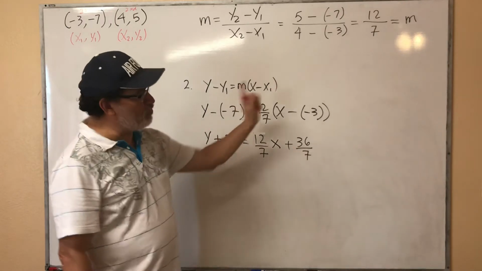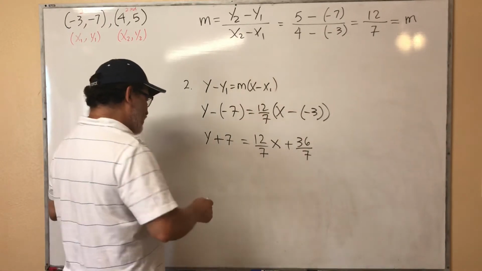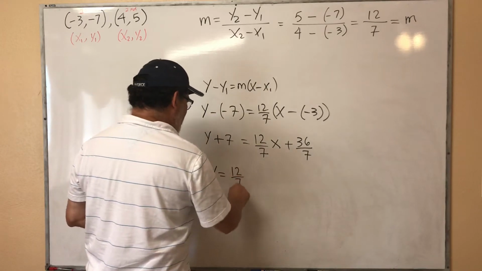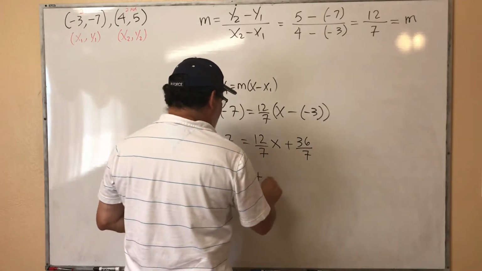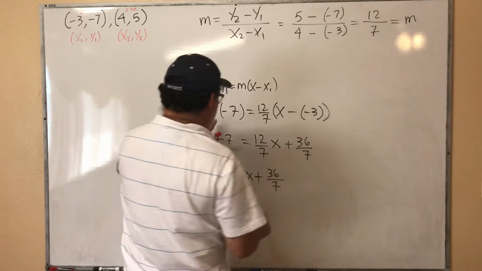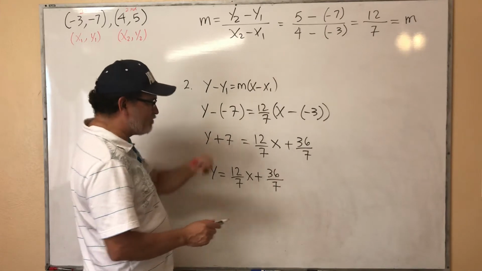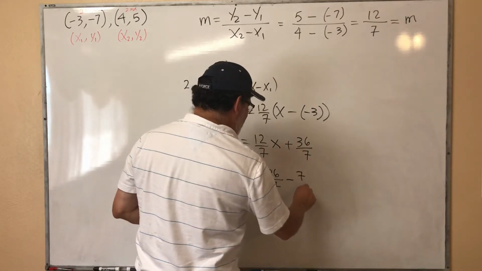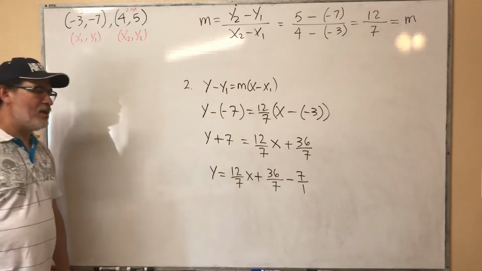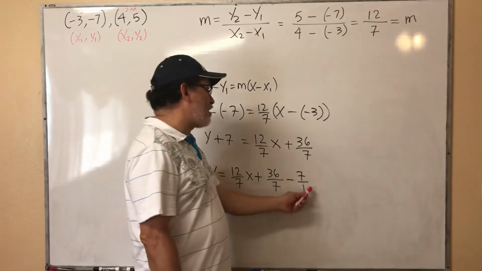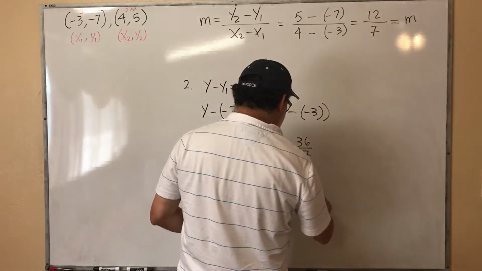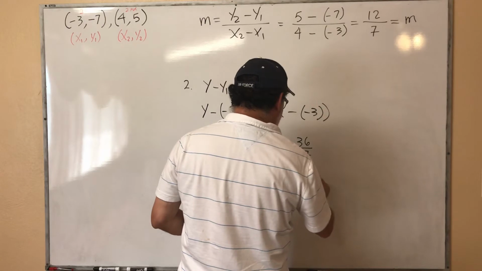And now I'm going to bring this to the right, and so therefore y equals 12 over 7x plus 36 over 7. And by the way, it's plus 7, it becomes minus 7 over 1. Okay? And now let's multiply top and bottom by 7. So multiply this by 7 and this by 7.